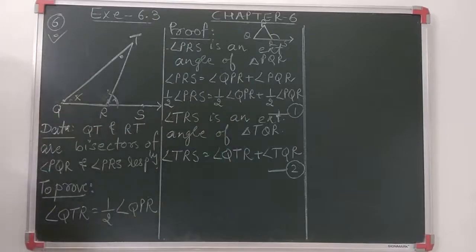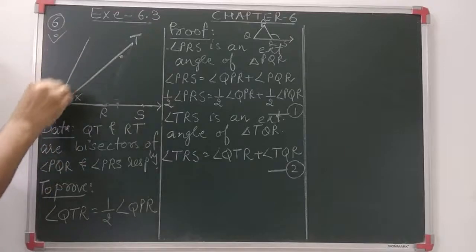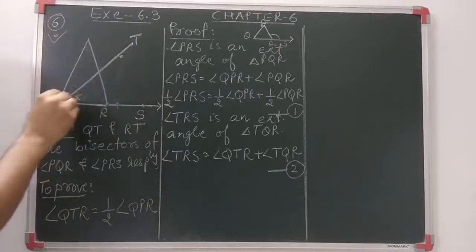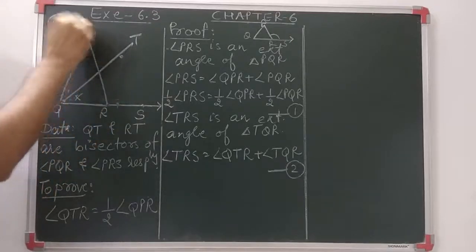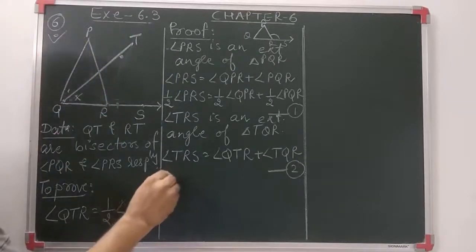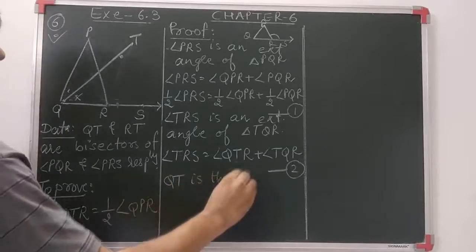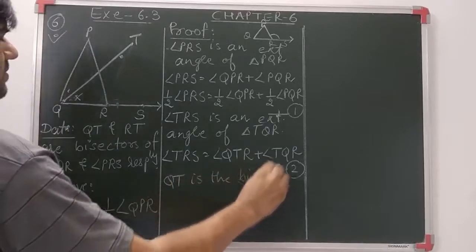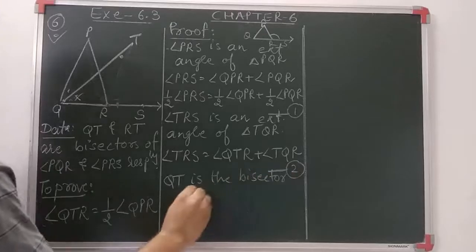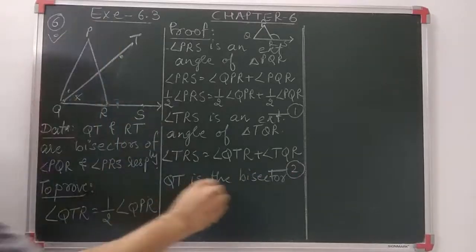Now let's come to the question again. I'm going to erase this. As it is mentioned here, this is the bisector. QT is the bisector of angle PQR. So let's note it down. QT is the bisector of angle PQR.